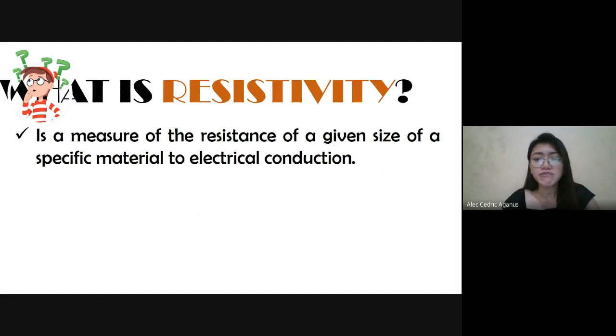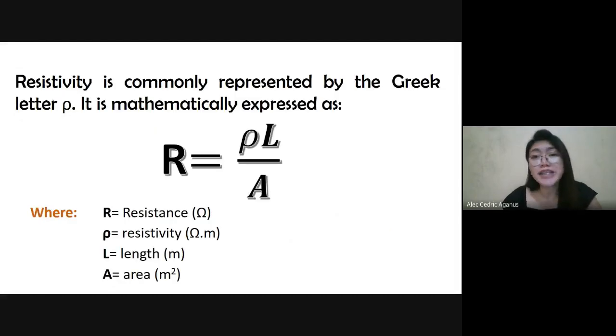Resistivity is commonly represented by the Greek letter rho, or small letter p, as you can see. It is mathematically expressed as R is equal to resistivity times length divided by area. Resistance is measured in ohms.